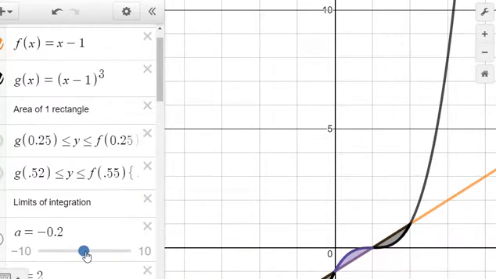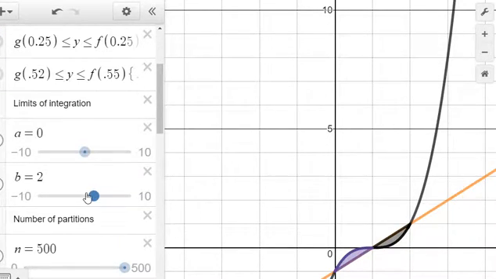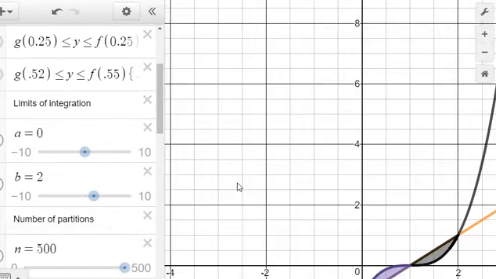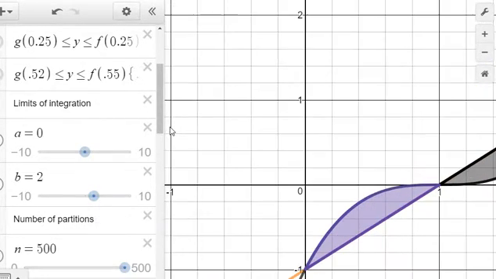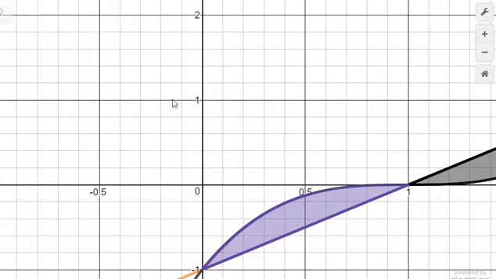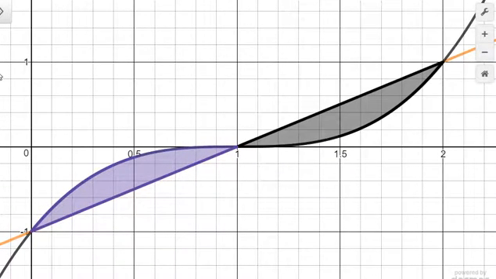Let's see, this time we're going to go 0. Okay, so let's zoom in here. What we're interested in is finding the area between these two curves here.